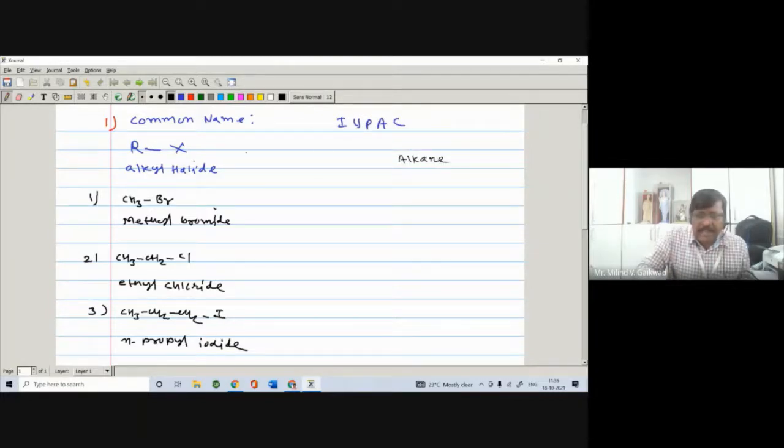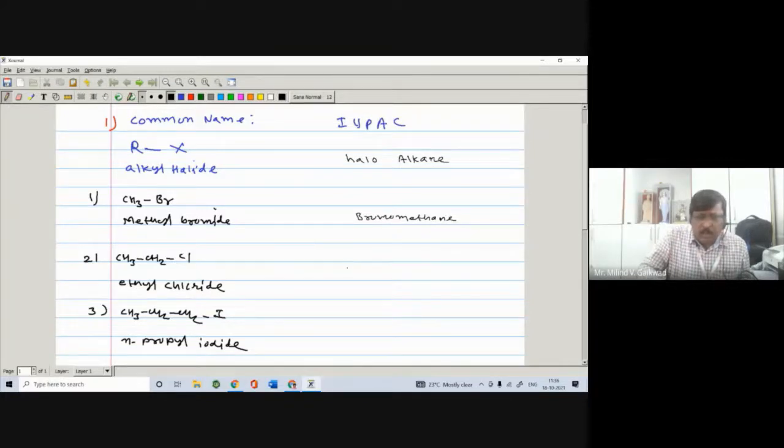And depending upon the name of the halogen, you have to write haloalkane. So here there is one carbon, so it is methane, and there is a Br, so it is bromomethane. In this way, you can write its name, bromomethane.